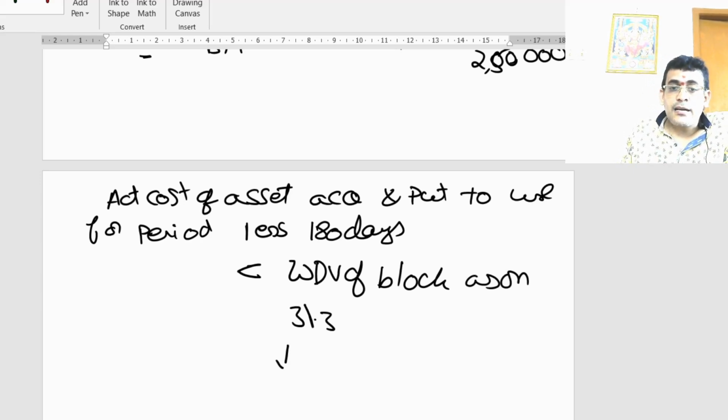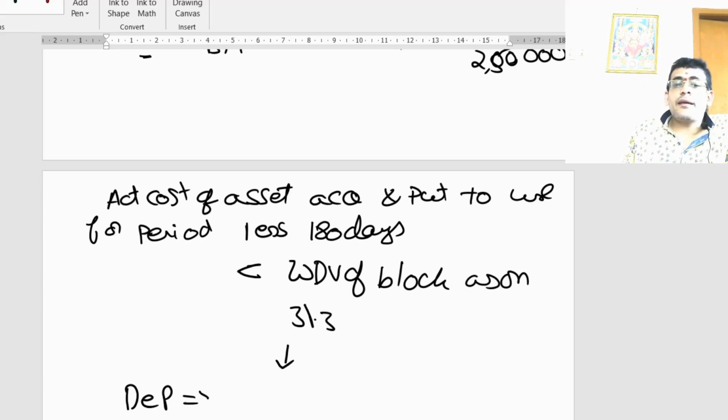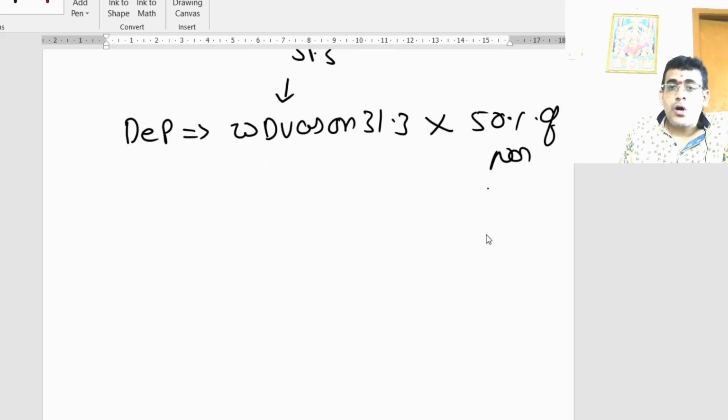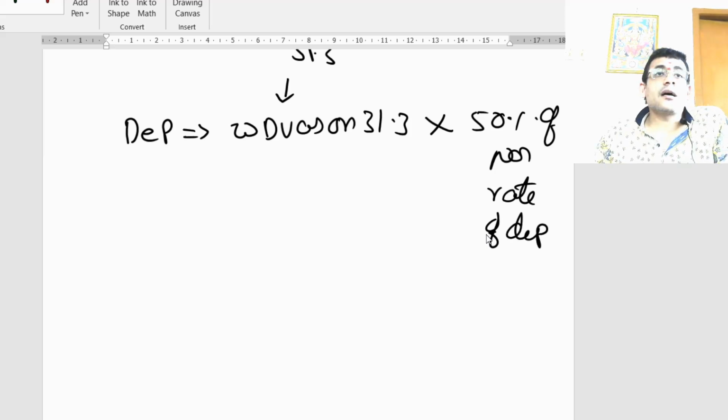Then the act clearly says depreciation will be allowed only on WDV as on 31st March, closing WDV, into 50% of your normal rate of depreciation. So what I am going to do, calculating the WDV as on 31st March, and I am going to apply only 50% of the normal rate of depreciation.